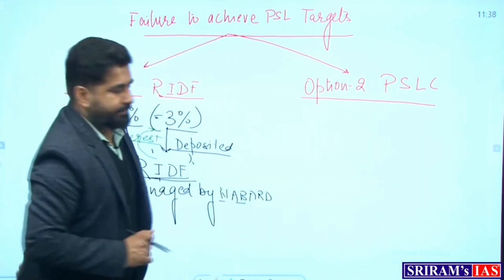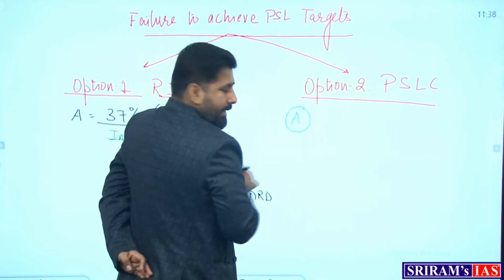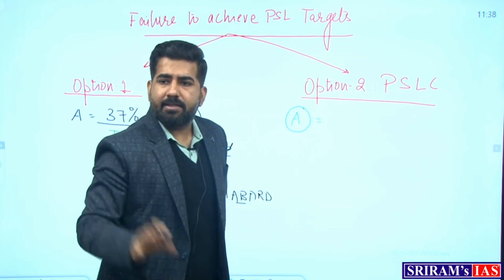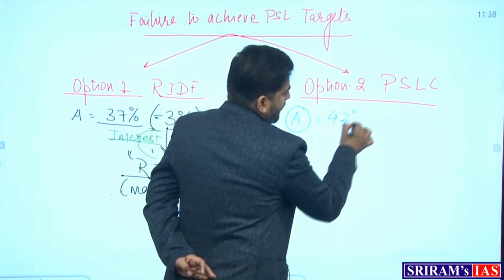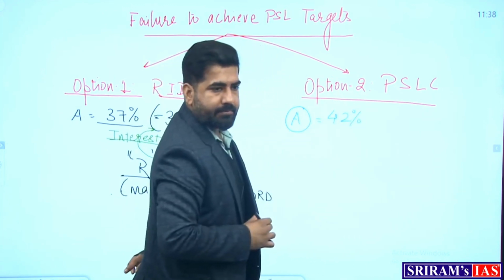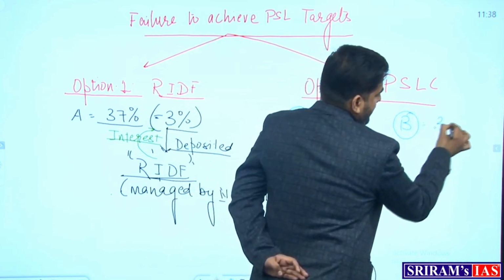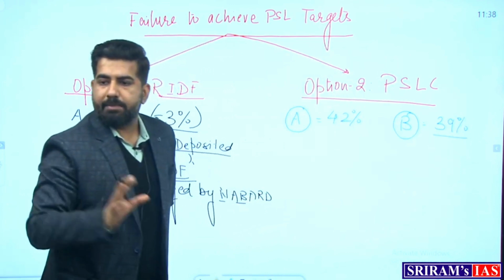See, there is a bank A, which has complied with the PSL norms and given almost 40% of loan to the priority sector. Bank B is at 39%. They have given a loan of 39% to the PSL.